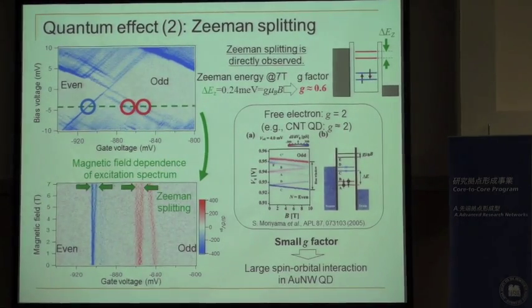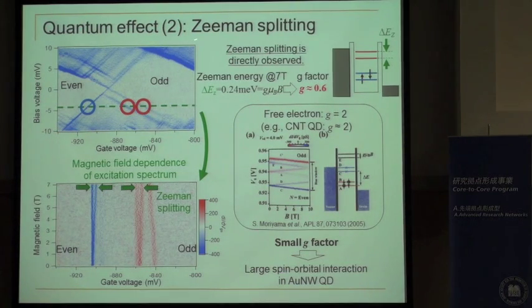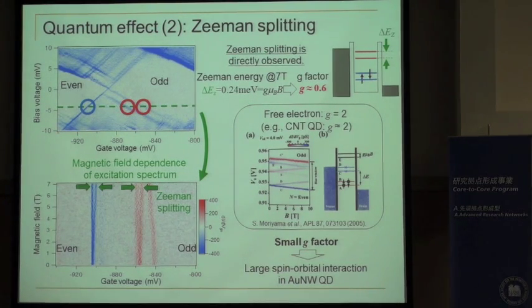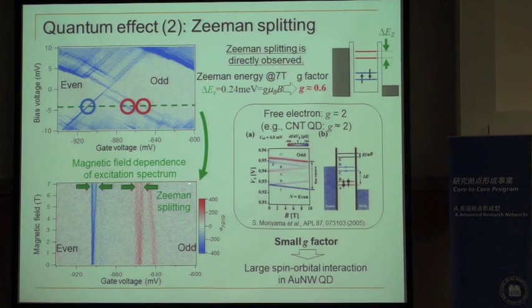And the other quantum effect is Zeeman splitting. This shows the magnetic field dependence of the excitation spectrum measured along this dotted line. And blue is the left side of the Coulomb peak, and red is the right side of the Coulomb peak. With the magnetic field, Zeeman splitting is clearly observed.